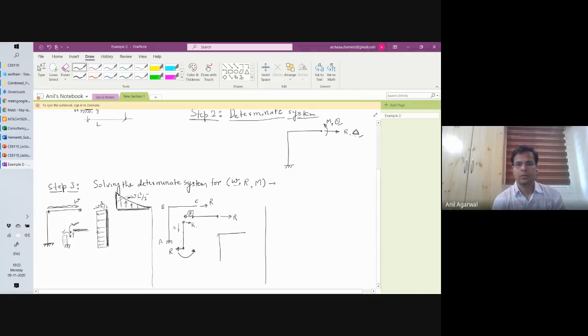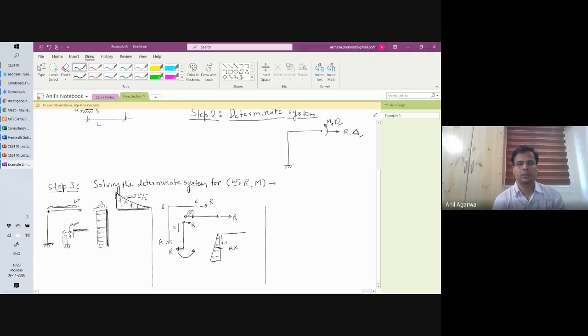Okay, so I'll draw it in this direction. Everybody understood why I'm drawing it in this direction, right? And what is the value here? If I'm at a distance x, the value here is Rx.